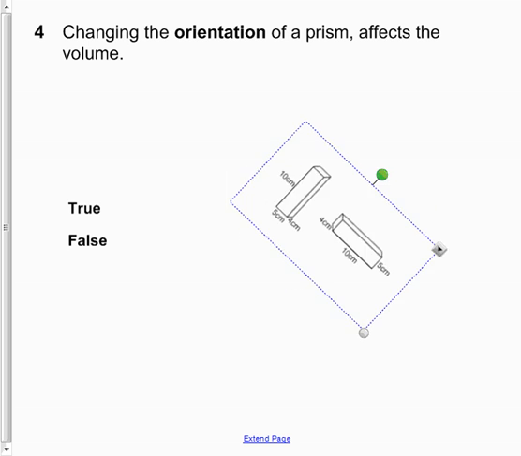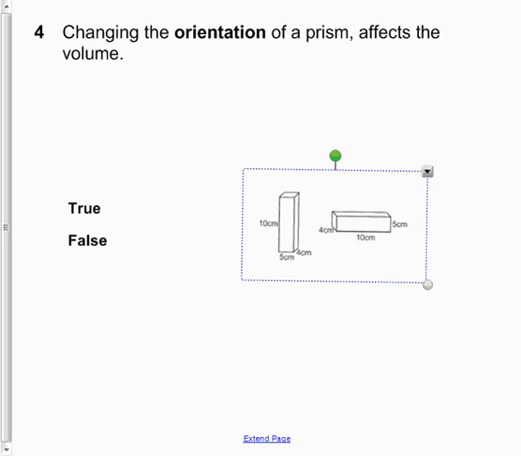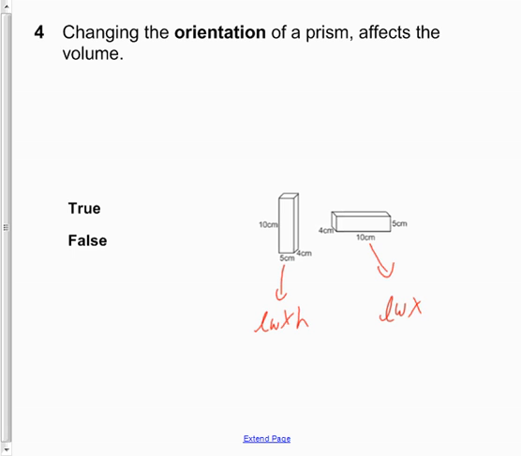What would change would be the actual area of the base, but when you multiply it out, so here it's length times width times height, and here it's length times width times height. Here the base is made up of a rectangle that's 4 by 5 or 5 by 4. The height is 10. Over here, the length and width would be 4 times 10 times the height, which is 5.